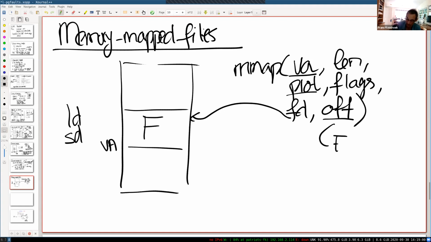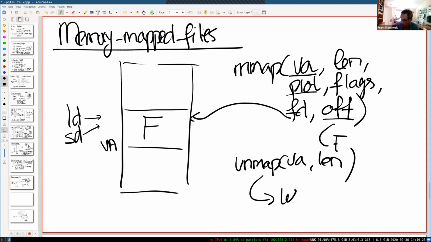From then on, the application can use load and store instructions to modify the file. When we're all done, there's typically a corresponding munmap call that allows the application to say, okay, I'm done with this file. At the point of the unmap, we need to write back the dirty blocks.